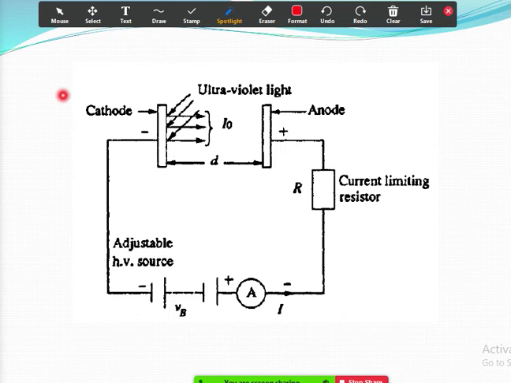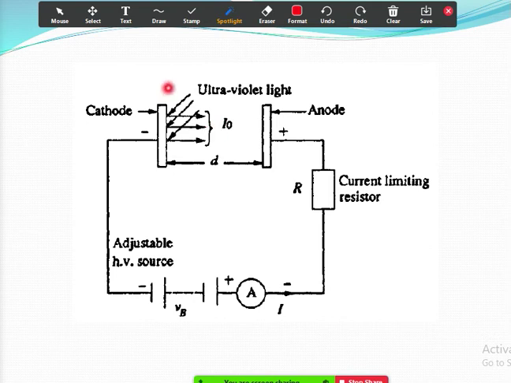So that will increase more and more, and ultimately the number of electrons and ions will increase. Compared to the electrons generated here, the electrons reaching the anode will increase because of the collisions.